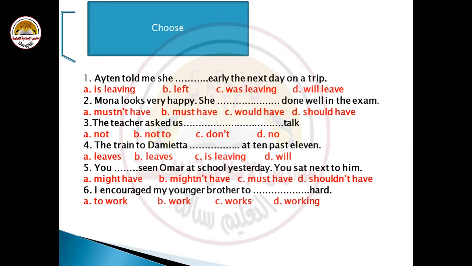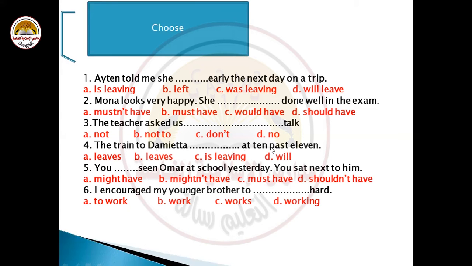Number 3, the teacher asked us. Reported speech with a command or imperative sentence. We join the sentence with to or not to. The teacher asked us not to talk. Not to talk. The answer is B. Number 4, the train to the meter leaves at 10 past 11.